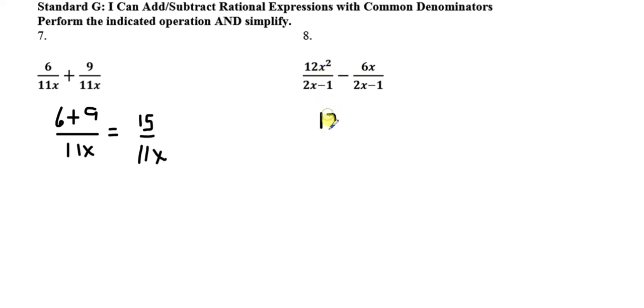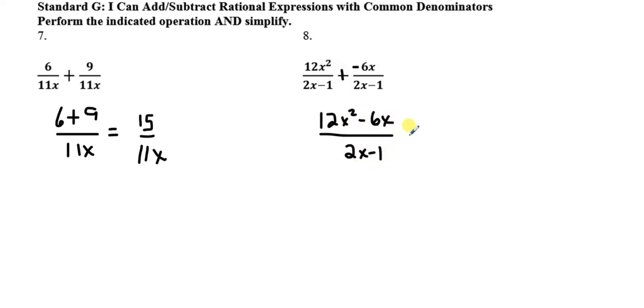We have 12x squared minus 6x. If you have to do any manipulation with the second term to get a common denominator, then I would say change this plus to a minus. But since it's just the one term, you can just subtract.